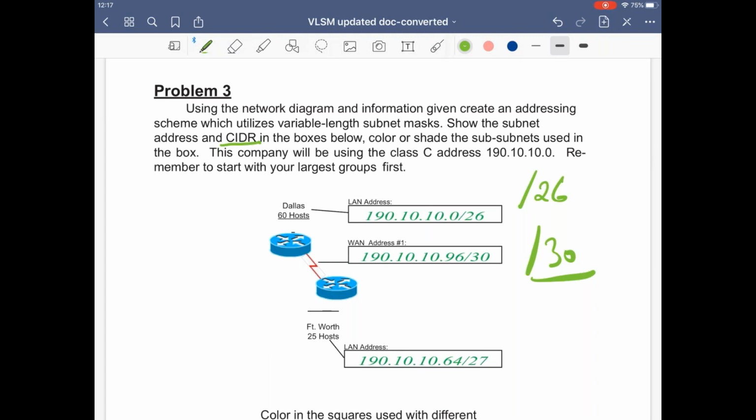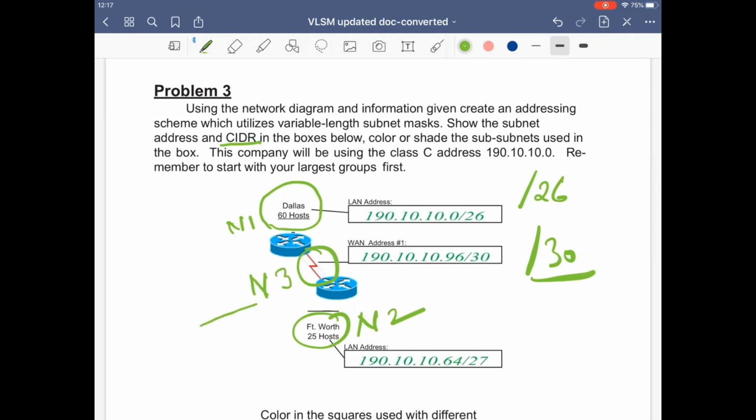Correct me if I'm wrong, okay? So for network 3, the last 2 bits are 0 because valid hosts are 2. This is network 1, this is network 2, and this is network 3.